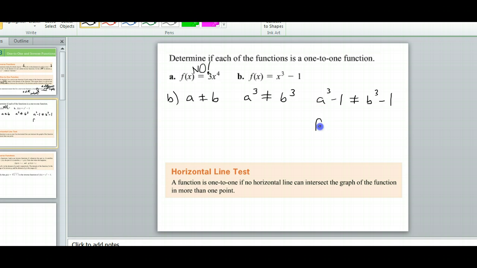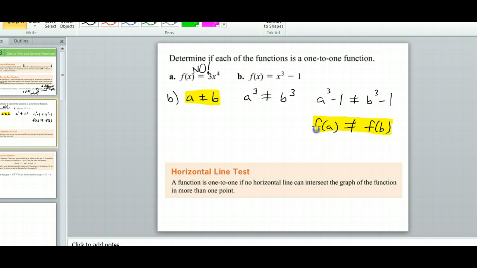This is f of A. What is this? This is f of B. And what are f of A and f of B? They are not equal. So what have we shown? Look really carefully. We've shown that under the assumption that these two things are not equal, f of A is not equal to f of B.